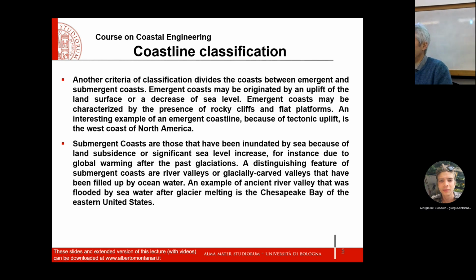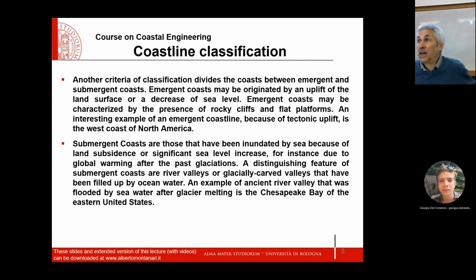So let's continue with the coastline classification, and another criterion to classify the coastline divides the coasts between emergent coasts and submergent coasts. The difference is that emergent coasts may be originated by an uplift of the land or a decrease of sea level.